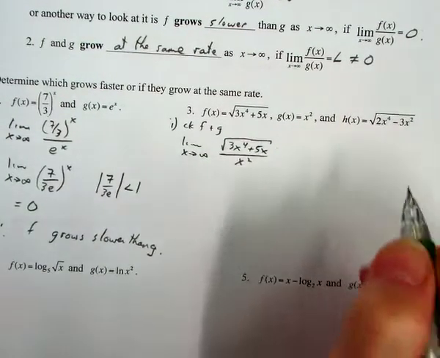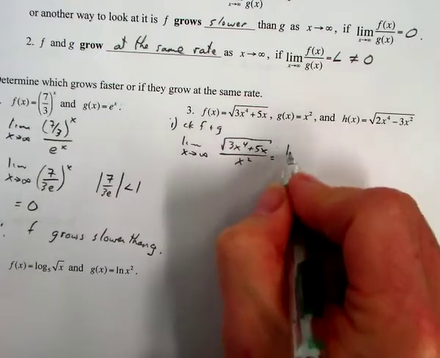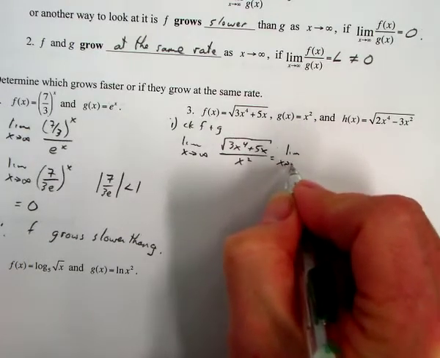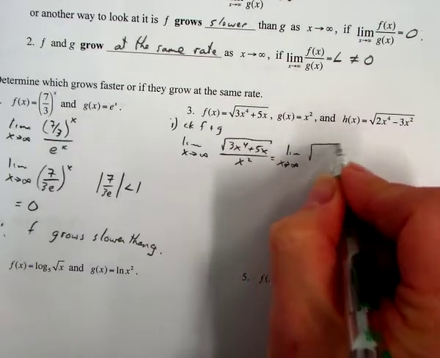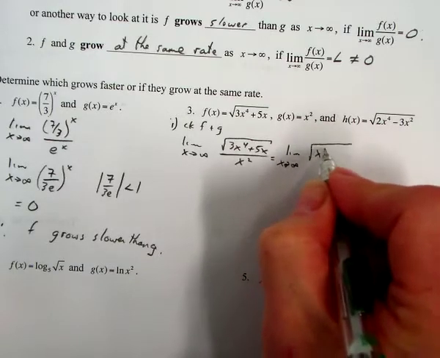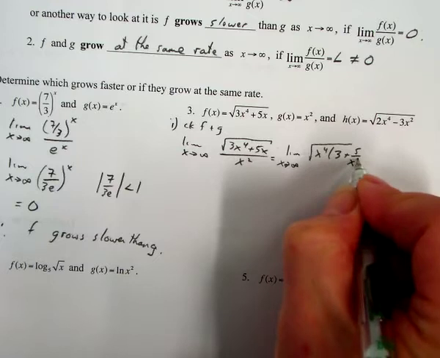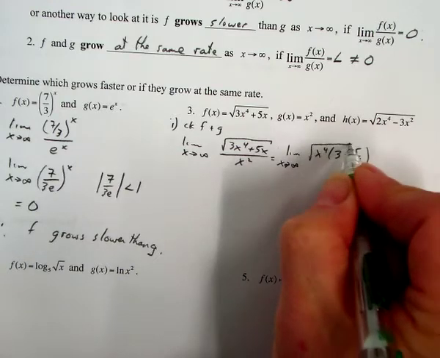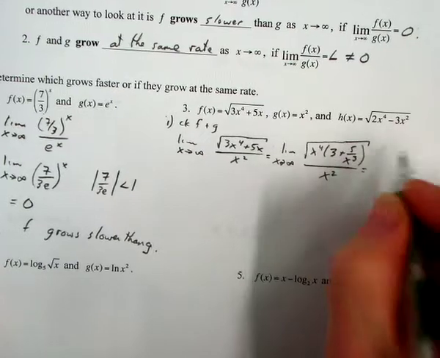Now we reviewed this in the last section, how to find this limit. Let's go ahead and do it again. Limit as x goes to infinity. We'll factor out that highest power, so it'll be x to the 4th there, and we'll have 3 plus 5 over x cubed, over x squared.